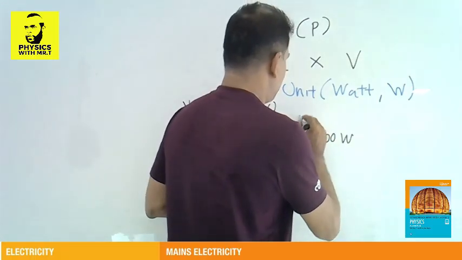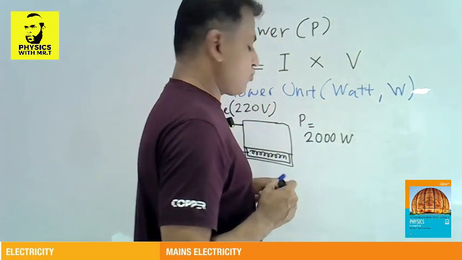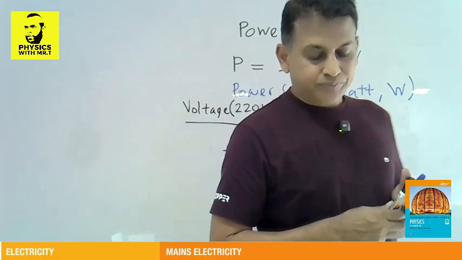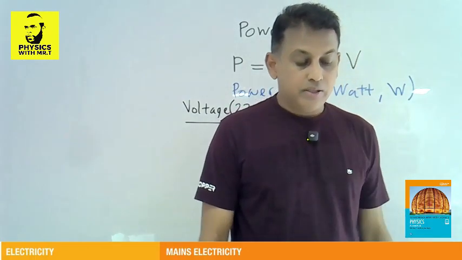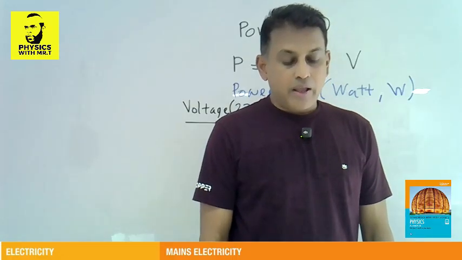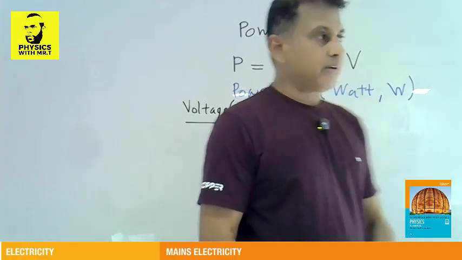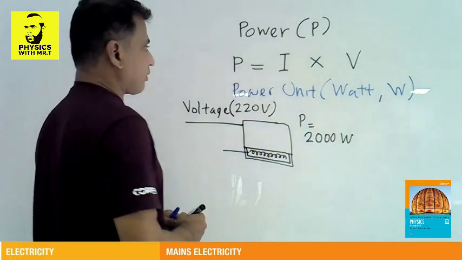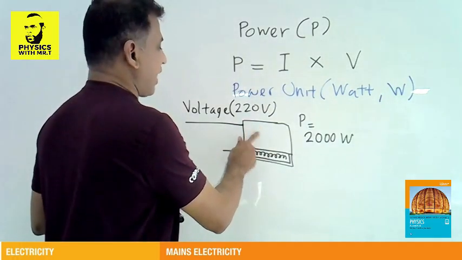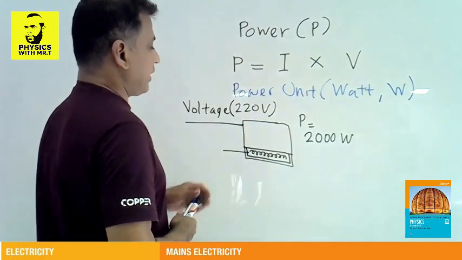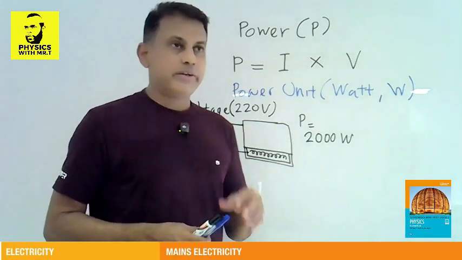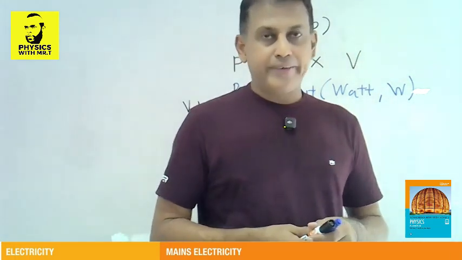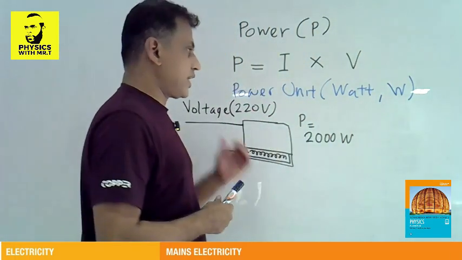So that's a power of 2000 watt. Now we're going to calculate the current of this device, right? So what is the current? What is the amount of current which passes through this kettle?